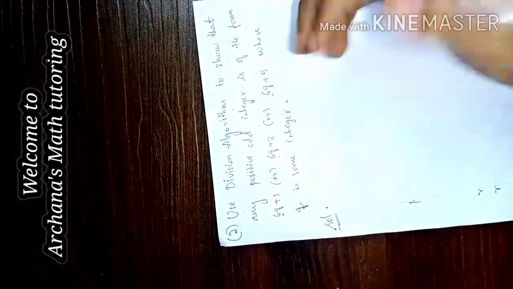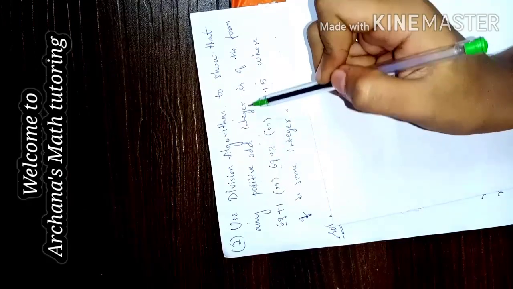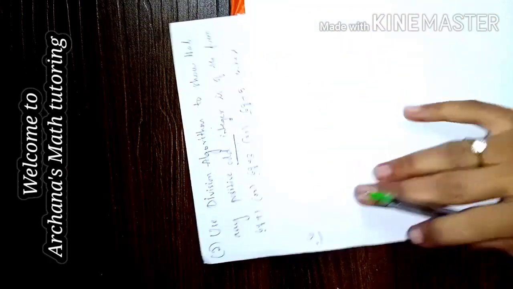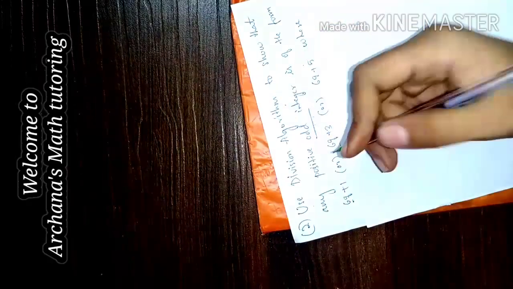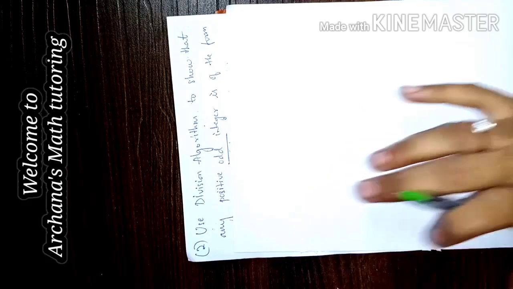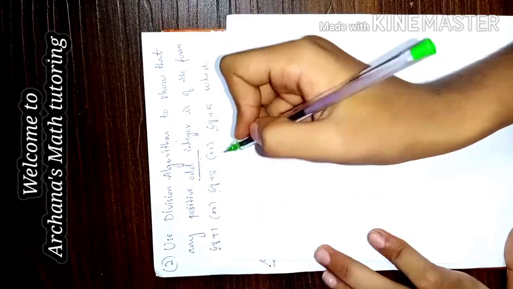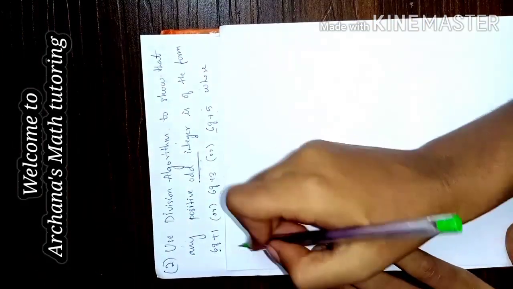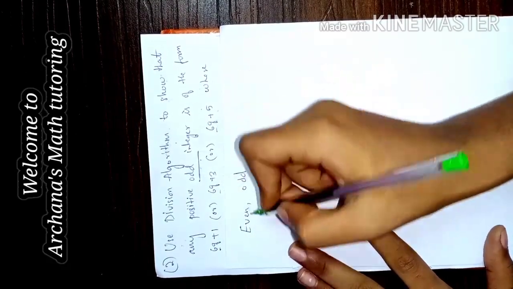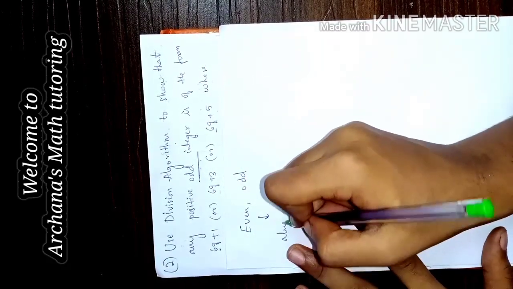So what did he ask us to prove? To show that any positive odd integer. He is talking about odd integers, so we should know how an odd number looks in general. We have two kinds of numbers, even and odd. An even number is always divisible by 2.